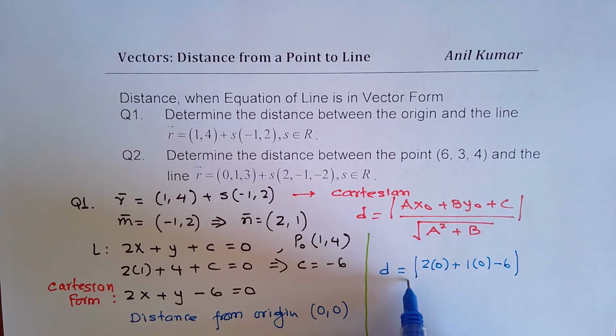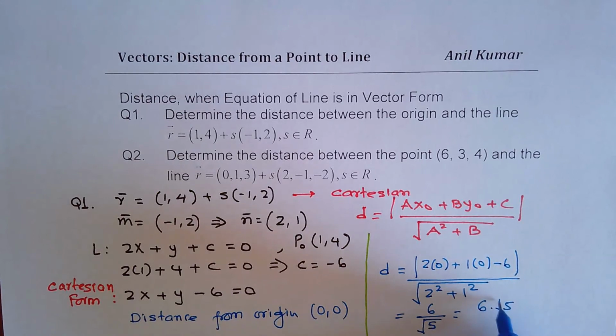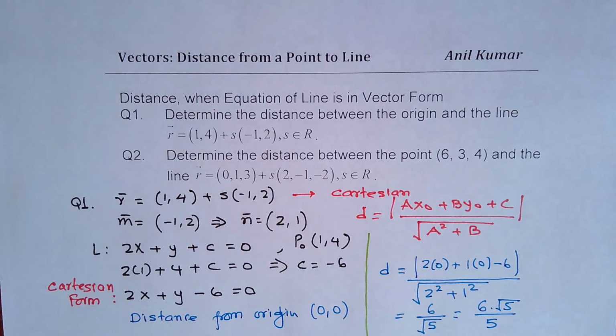Distance is always positive. Divided by the square root of 2 square plus 1 square. That gives you 6 over the square root of 5. It is always a good idea to write the answer rationalized. So we have 6 times square root of 5 over 5 as the distance in this particular case. That becomes the answer for part A.